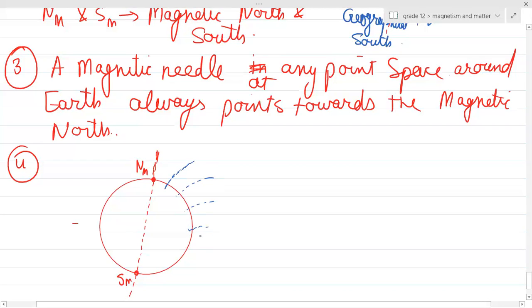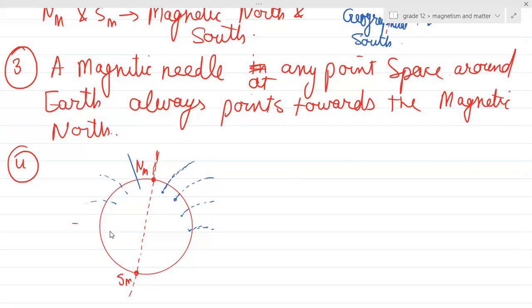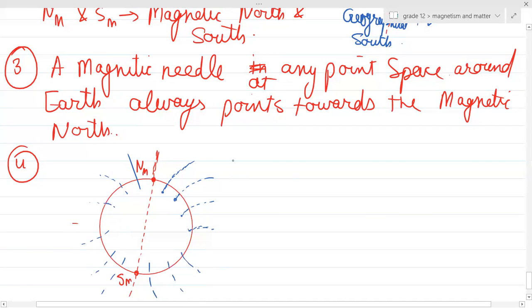Is everybody able to feel where exactly these lines are? These are coming out of the surface of Earth at different points on Earth. I'm just drawing one in one particular plane. It was something like this.